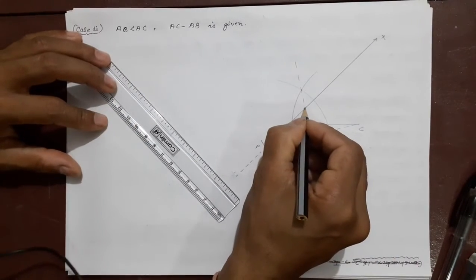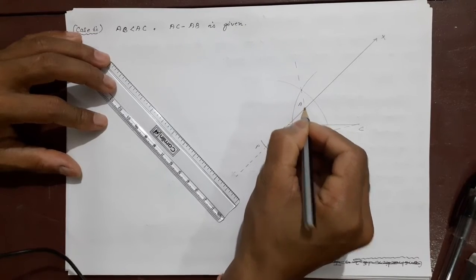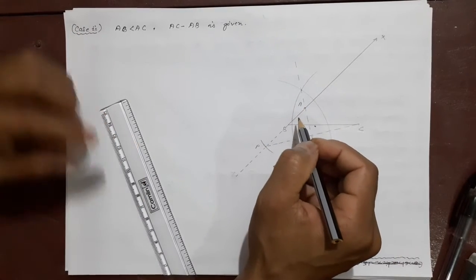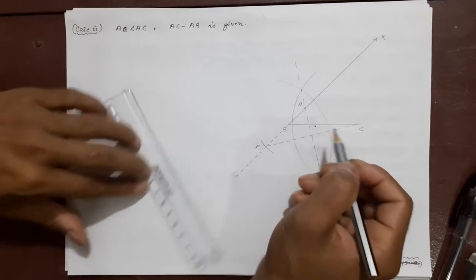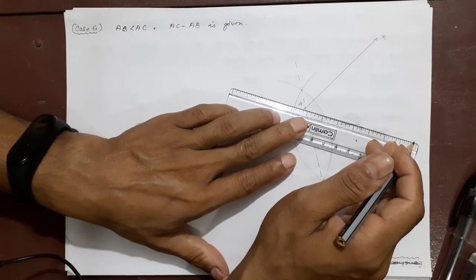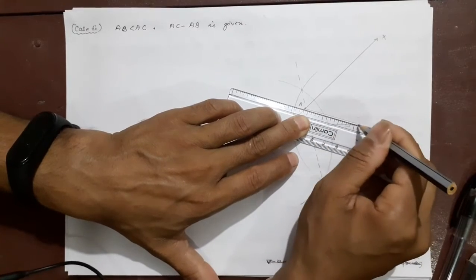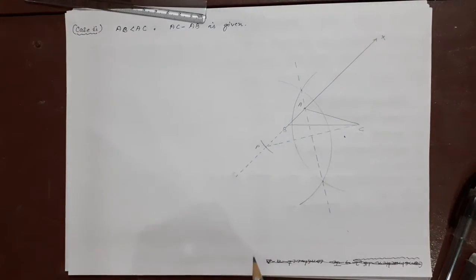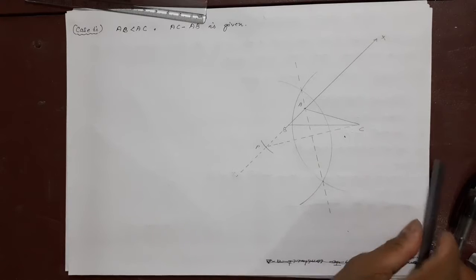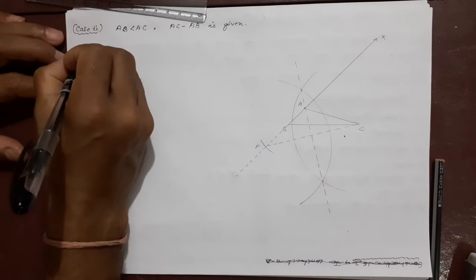There is your A. Can you see? You can easily see that AB is very short. AB is less, so AB is shorter than AC. So this is how your task is all done. Joining has to be done very carefully so that it doesn't look different.